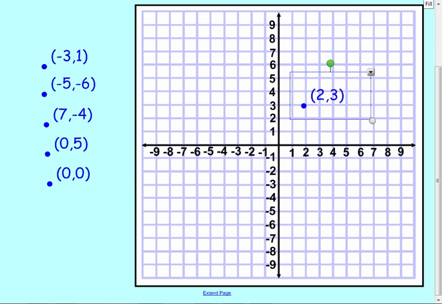So it's negative 5 on the x's and negative 6 on the y's. So you're going to go over 5 here. Oh, you're just doing negative 3. Oh, I'm sorry, I missed that. Negative 3, and what's the other number? No, it's negative 3, 1. Yeah, that's right. Oh, look at that.